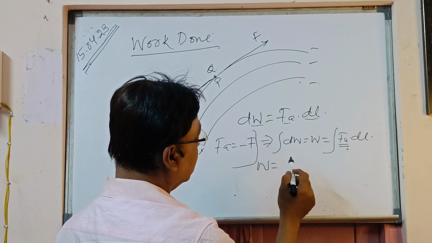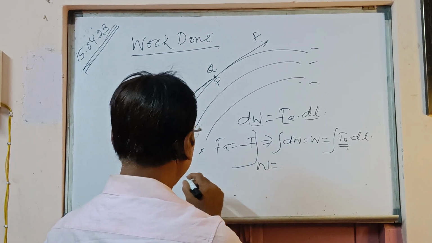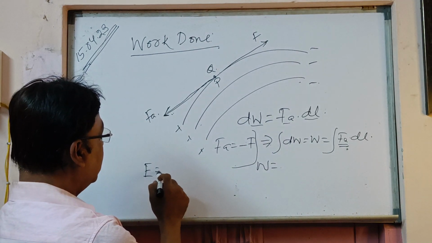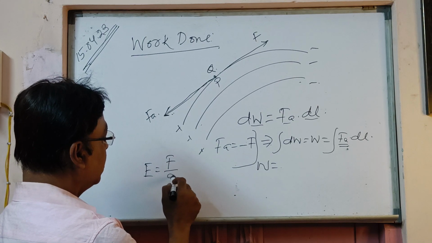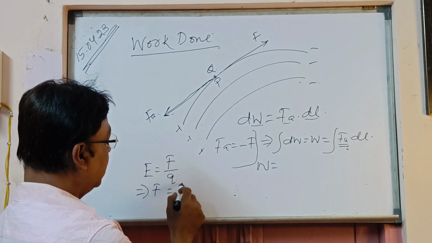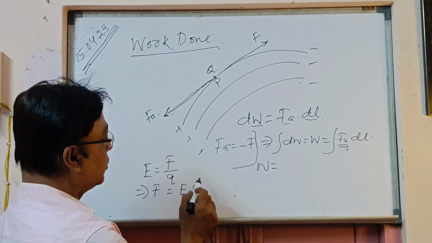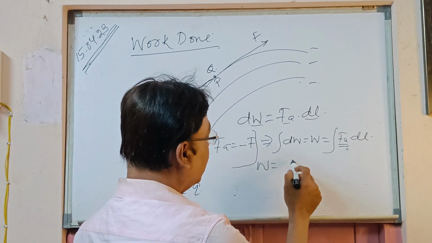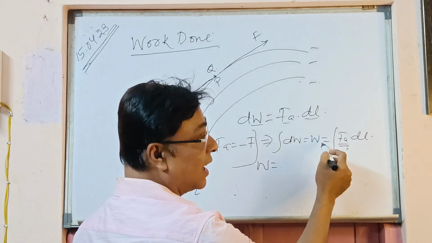Now we know that E is equal to F by Q, so F is equal to E into Q. This is a line integration.